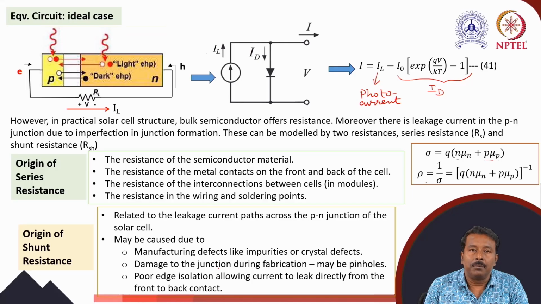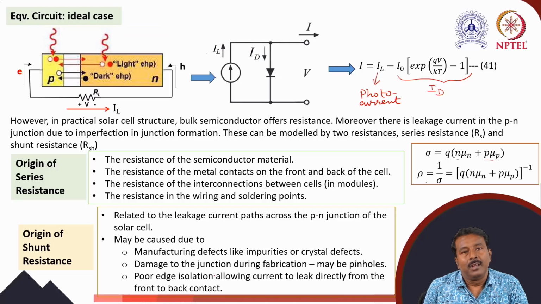Poor edge isolation is another leakage path. Whenever you are making layer after layer to form a PN junction solar cell, if the edge of the bottom layer is shorted to the edge of the top layer, then instead of flowing through the PN junction, the current may flow through the edge, because the edges are shorted.